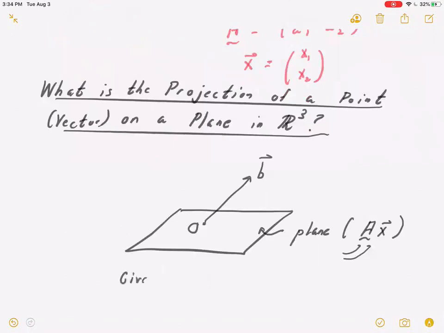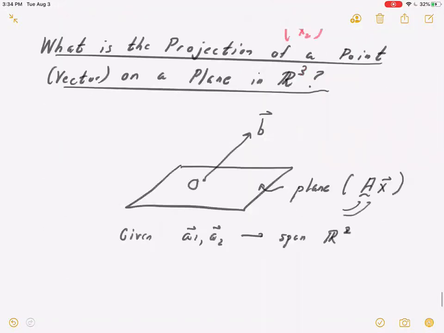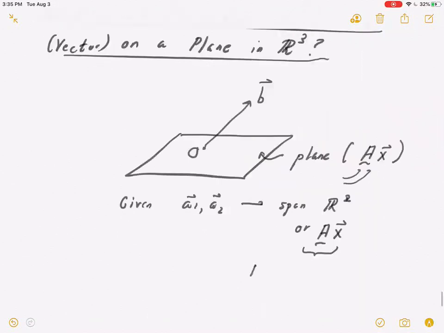So you're given A sub 1, A sub 2. They span all the points in R2, or they span the following creature, A times X, where A is just a matrix whose columns are A sub 1, A sub 2.